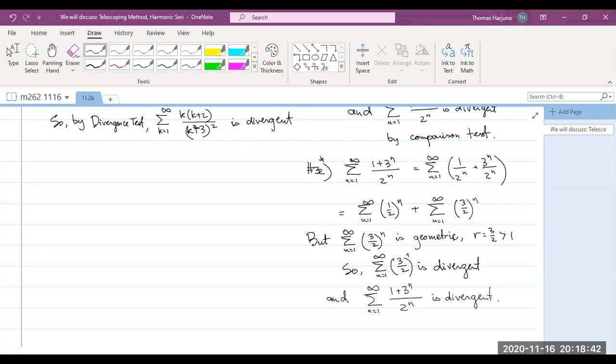Okay. Number 36. The series n equals 1 to infinity of 1 over (1 plus 2 over 3n).